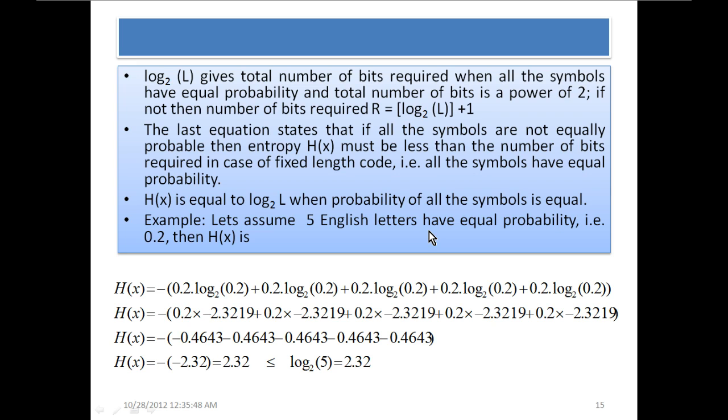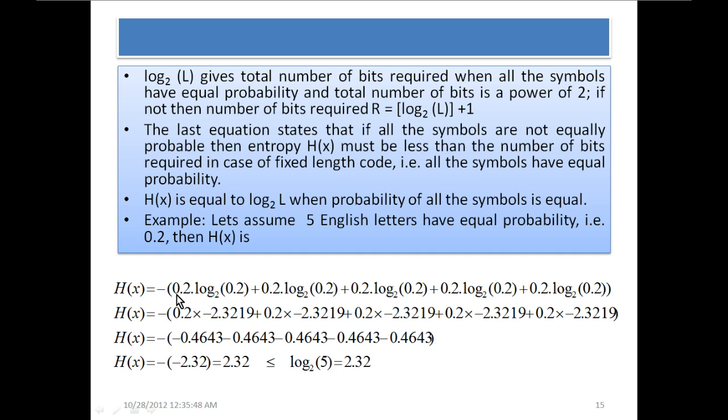Now first of all, let's consider an example where the probability of all the letters is equal. Let's assume 5 English letters have equal probability, that is 0.2. Then what will H of x be?